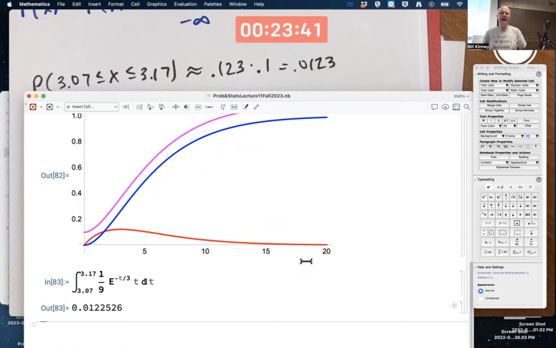Remember I said the other day, was it Tuesday or was it last week? I think it was Tuesday. In terms of simulation and statistics, when would you want to use this red graph as a PDF in some real life situation?